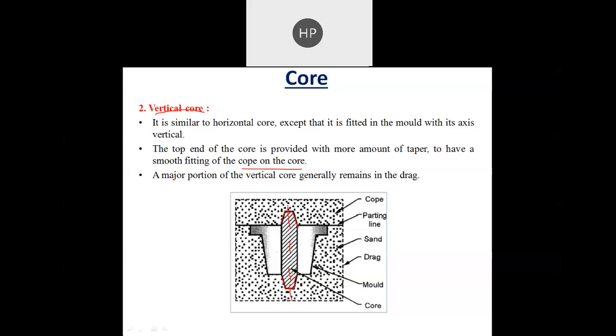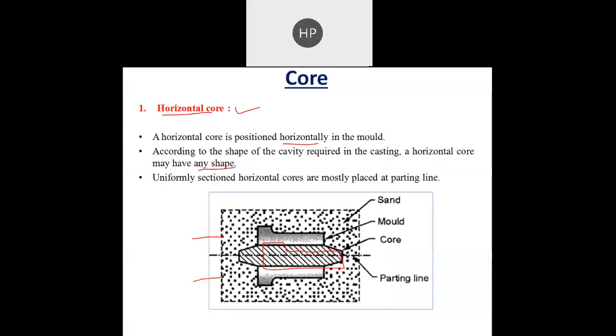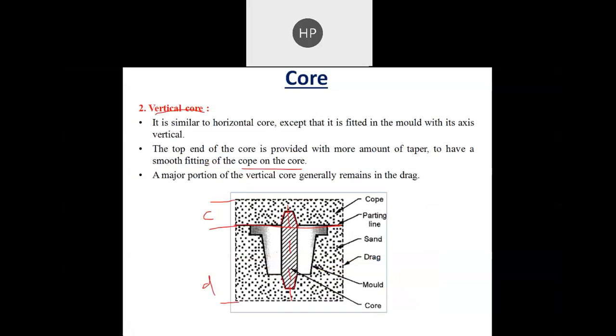A major portion of the vertical core remains in the drag. Here you can see this is the drag, this is the cope, and this is the parting line, from which the cope and drag will be separated. Here the parting line is horizontal, in the center, while here the parting line is here and your axis will be here.